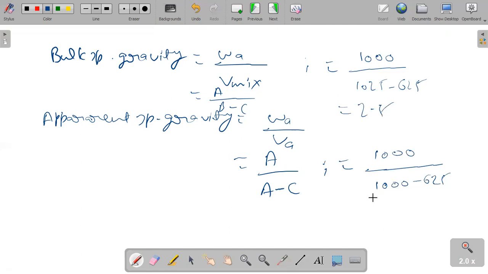If we divide 1000 by 375, we get 2.67 approx. So we get 2.5 and 2.67.